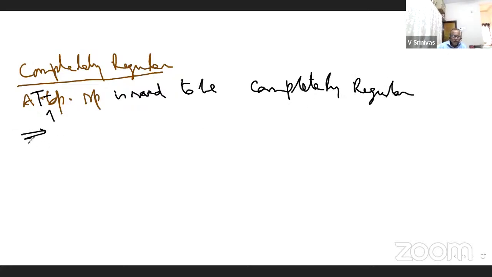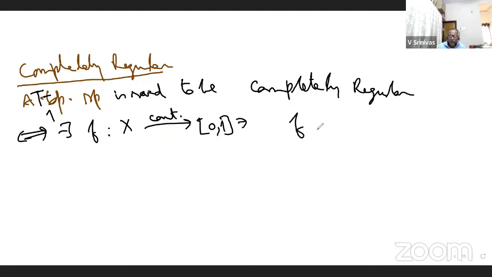If and only if there exists a continuous function f from X into the closed interval 0, 1 such that f of A is equal to the singleton 0.